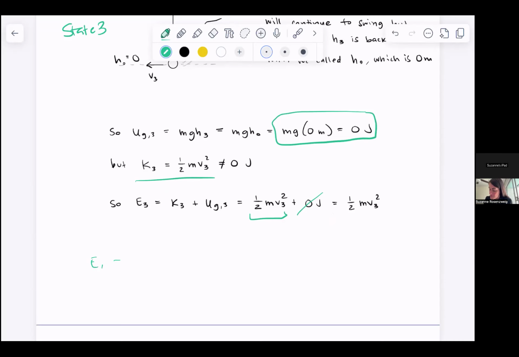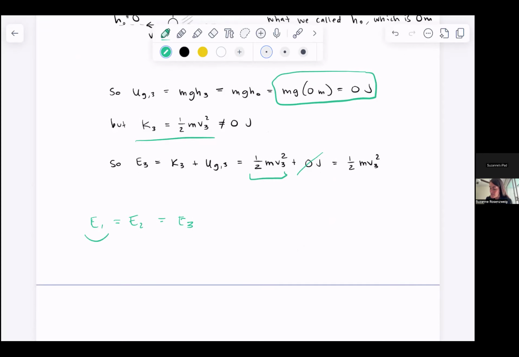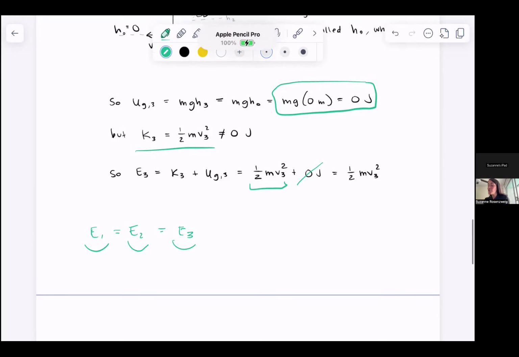And remember that the energy must be equal in all of these states. So the potential energy here must be equal to the sum of the potential and kinetic energy here, which must be equal to the kinetic energy here. We can use this to solve for unknowns in the system based on what information we have.